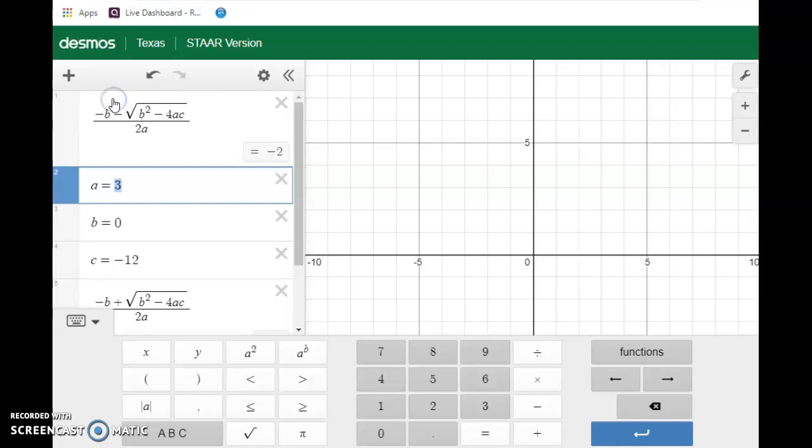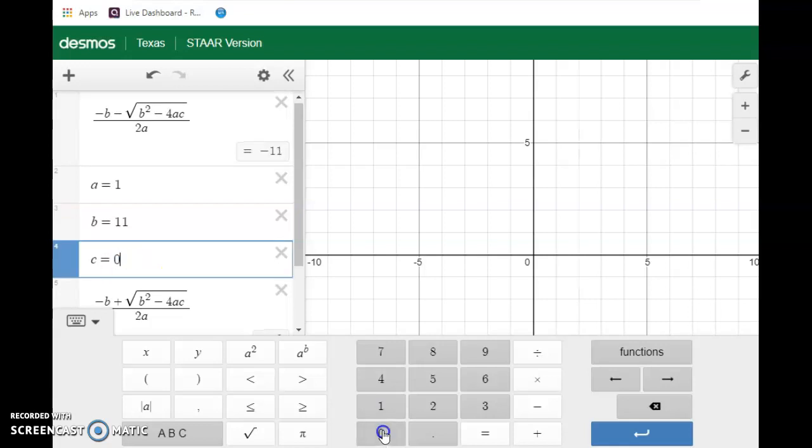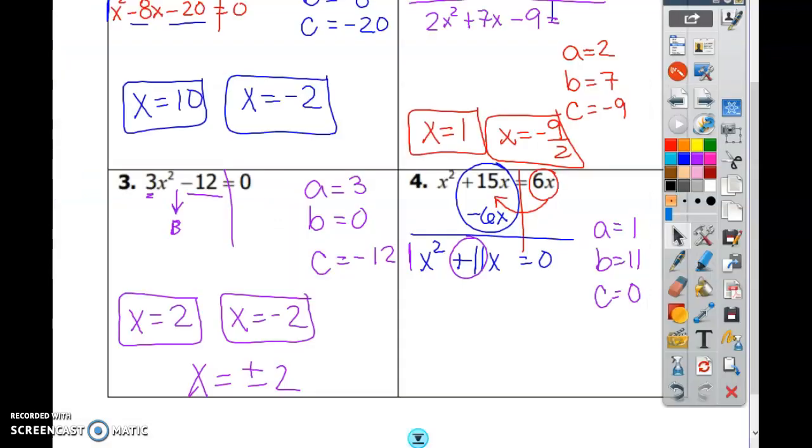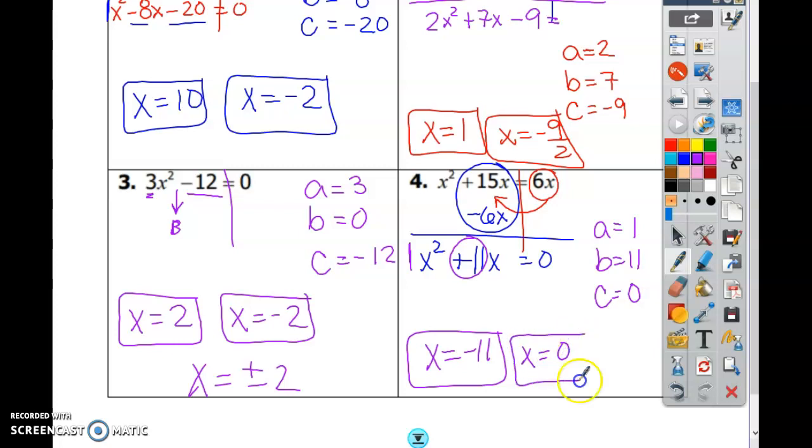So 1 is A, 11 is B, and C is 0. That gives me a negative 11 and a 0. So x equals negative 11 and x equals 0.